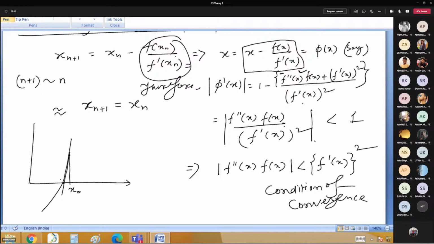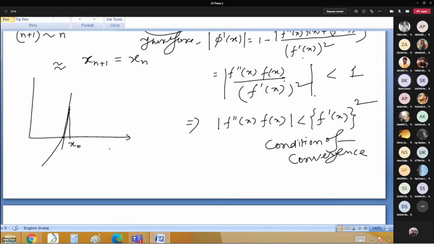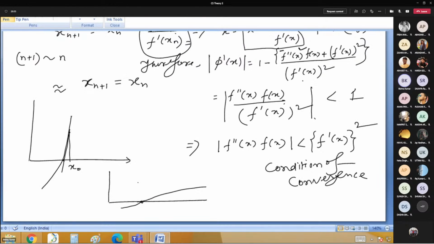Suppose the graph near the root looks horizontal. Just try to think: wherever you choose the initial condition x0, you draw a vertical line and then draw a tangent.